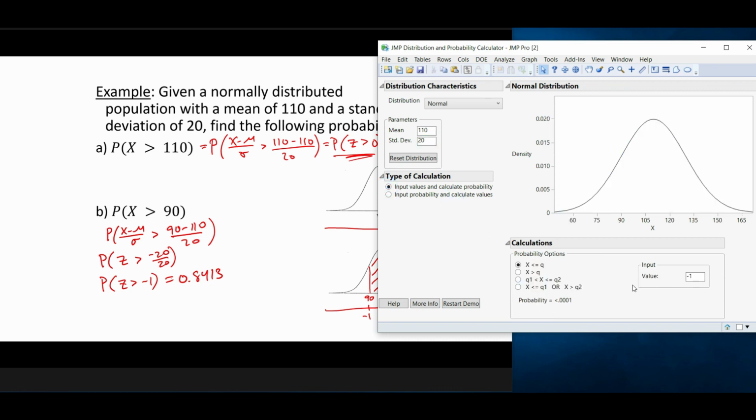If we wanted the area above 110, I can put that in there, and that gives me half of the area of that normal, or above 90, I can just change that, and that gives me the 84.13 that we saw before.